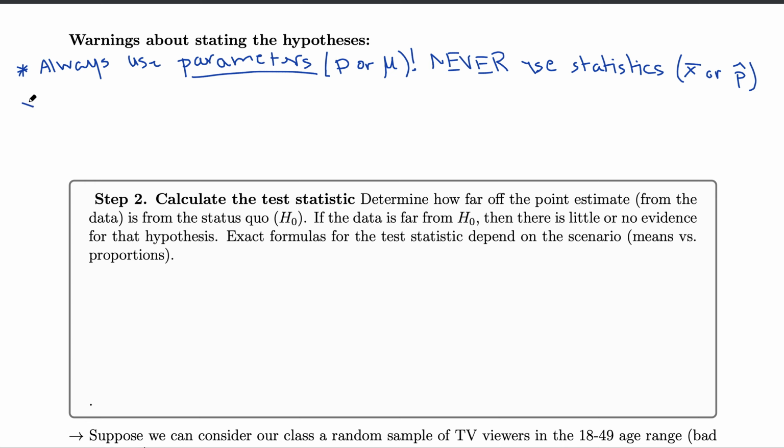Okay, and then notice that H0 always has an equal to sign in it in those variations. And then notice H0 and HA both have the same number, and specifically that number came from the research question, not any data in the problem.